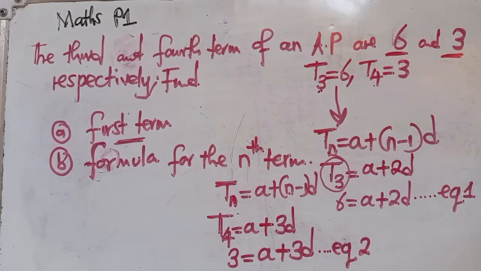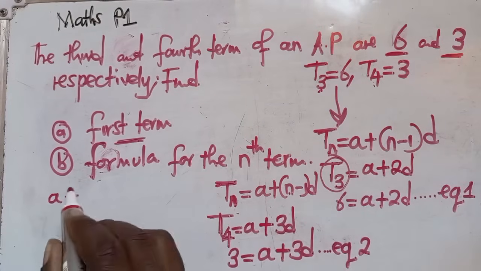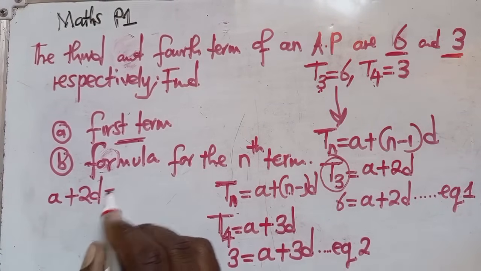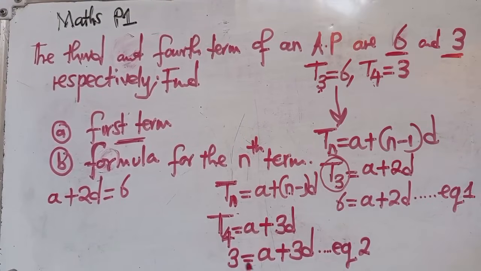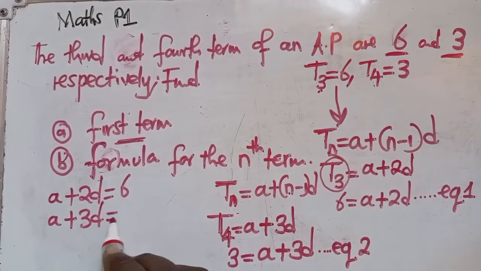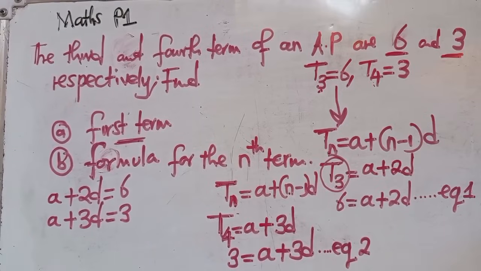So here, equation 1 is a + 2d = 6, and equation 2 is a + 3d = 3. I'm going to use the elimination method here. You can use any method that you are comfortable with.